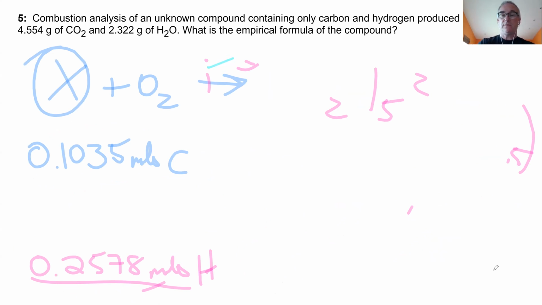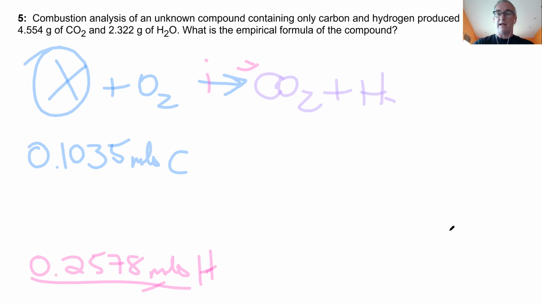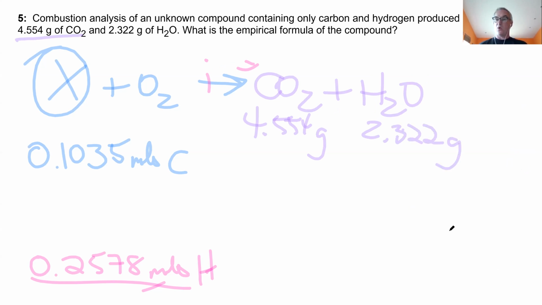Because when we burn something in the combustion chamber, you have an extremely high pressure of oxygen, so it burns really, really fast. And so we get CO2 and water as our products. We get that amount of CO2, and we get this amount of water. And that's all we have to go on.